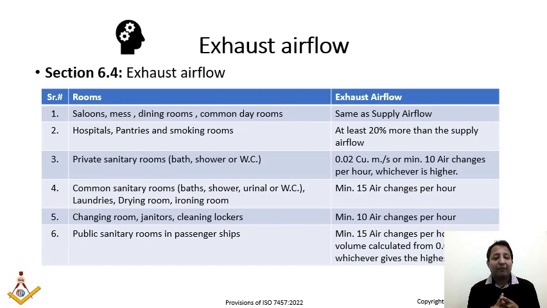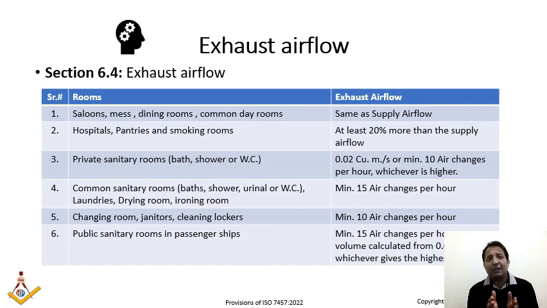And private sanitary rooms includes the bathroom, shower. The rate is 0.02 cubic meter per second or minimum 10 air changes per hour, whichever is higher. Then the fourth is common sanitary rooms. Common means it is not a private one. It's not for only two people. It's for many people who are using the sanitary rooms.